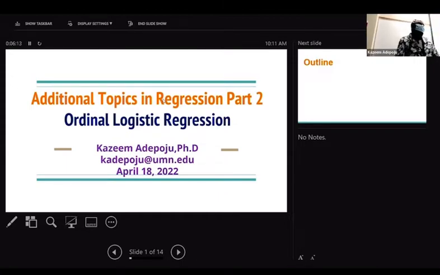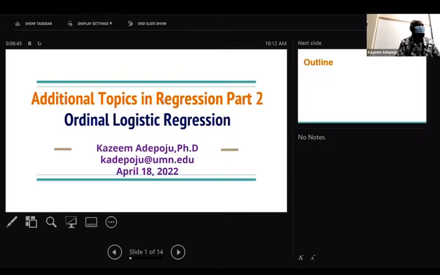From there, we moved into analysis of variance. In analysis of variance, it is required that the response variable should also be continuous, only that the predictor has to be categorical, because you basically want to compare the response across levels of the predictor.